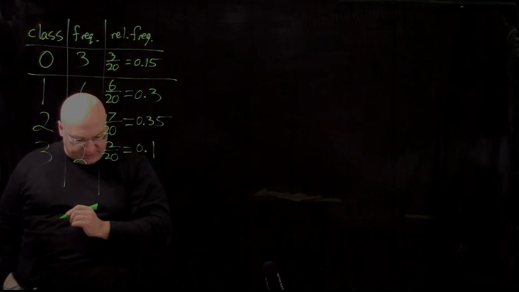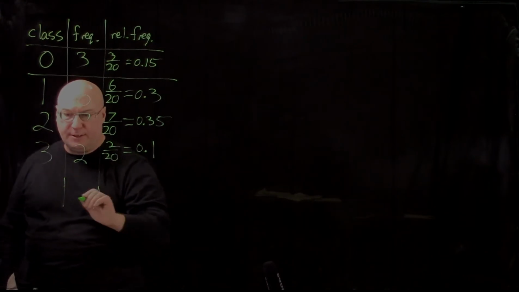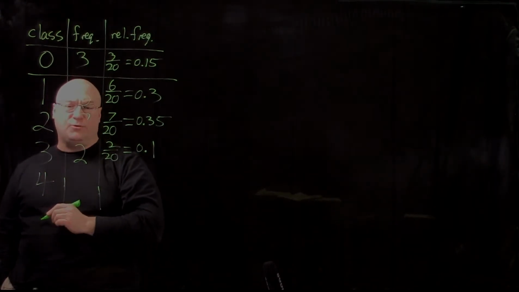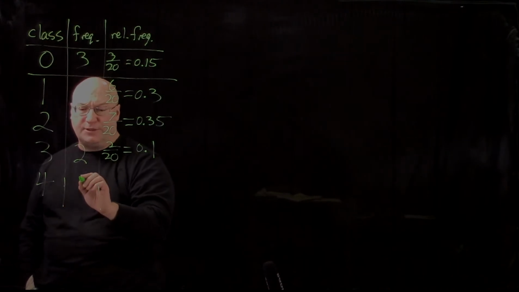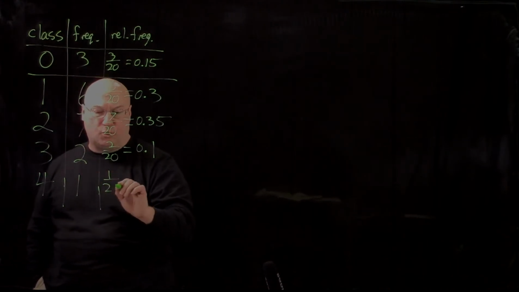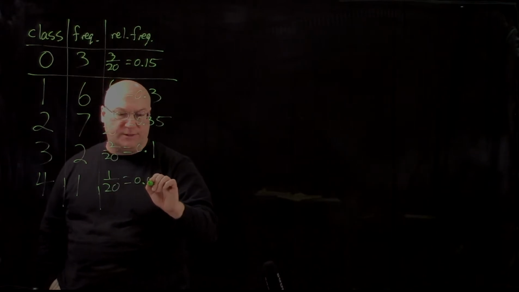I think that's right. How many danced with 4? The answer is 1, so that's 1 out of 20, which is 0.05.